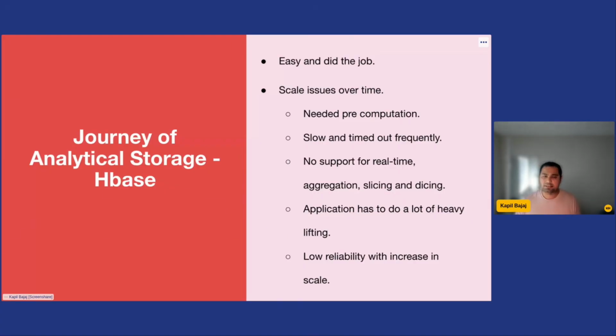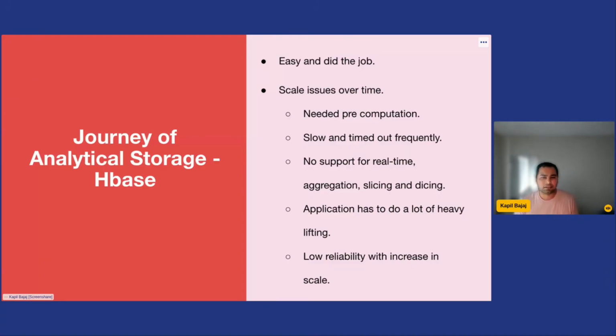But as time progressed, we started seeing issues of scale over time. As we all know, HBase is not suited for analytical data. So first thing, we needed to do pre-computation for every scenario. So any new use case or even a small change in an existing use case needed us to plan a bit more, store a bit more data. Also, over time, it became slow and it would time out frequently.